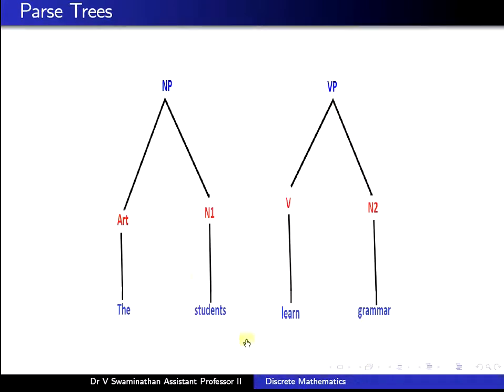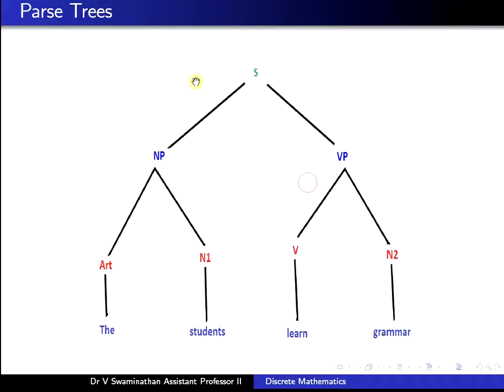Now we will complete this as a tree with the use of a start symbol. Here the start symbol is denoted by S. You can see that S splits into noun phrase and verb phrase. Now this noun phrase itself splits into article and noun 1, where the article is the and the noun 1 is students.